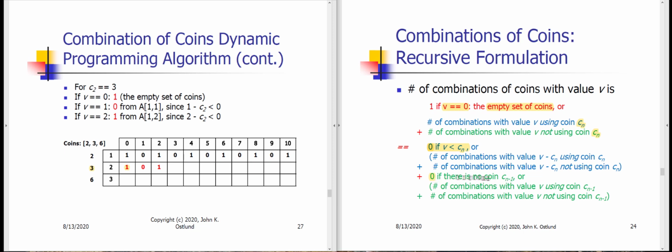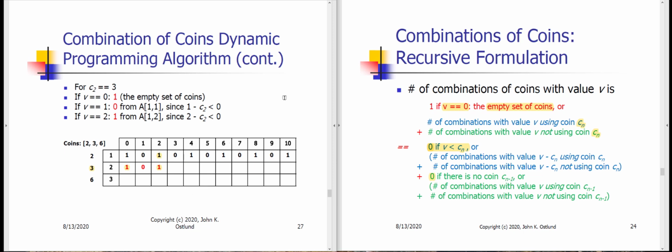And if we add the number of combinations using coin Cn minus 1, that is this value. So we're adding 0 plus 1 to get 1. There's only one way of producing a combination of coins with value 3.